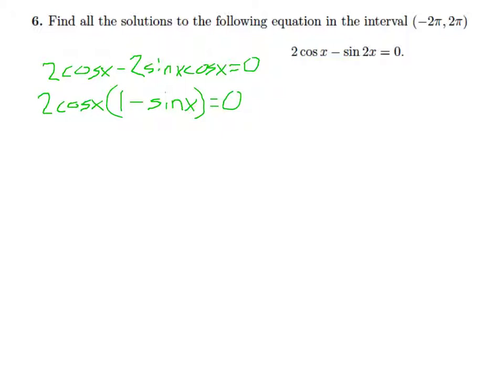So now we have 2 terms. We can take each of these and set them equal to 0. So we're going to have 2 cosine of x equal to 0, and 1 minus sine of x equal to 0. So with that, we now need to solve for sine and cosine. So it'll be just cosine of x equals 0, and then on the other side, sine of x equals 1.